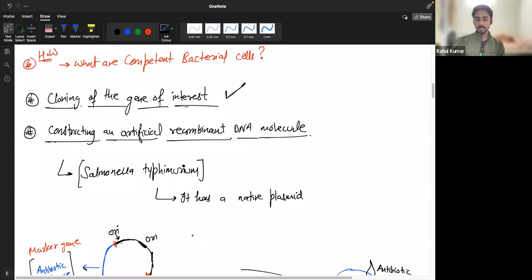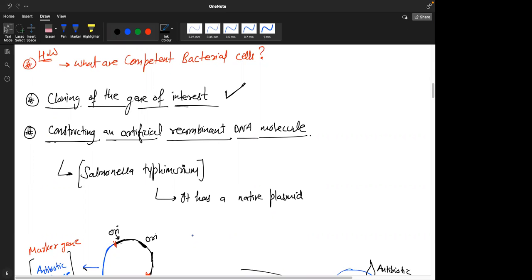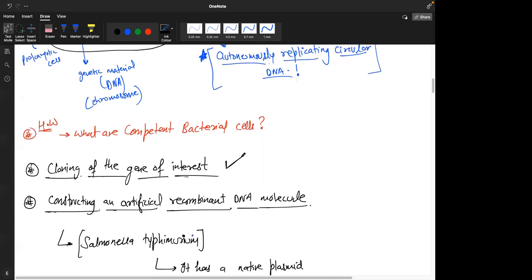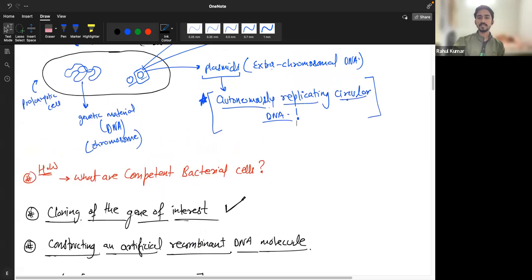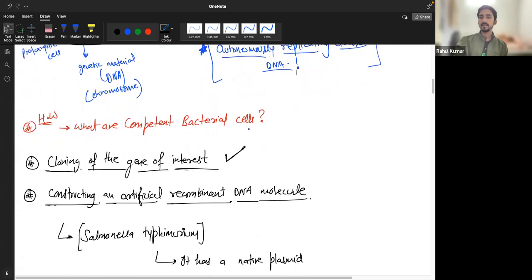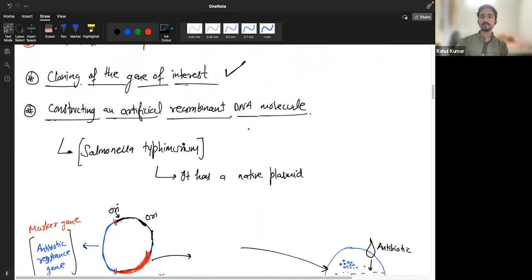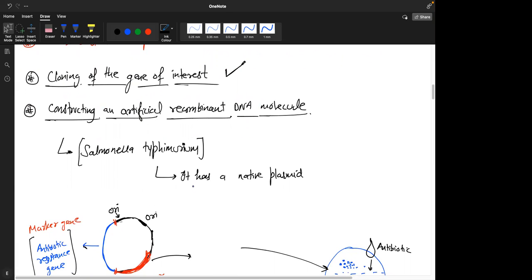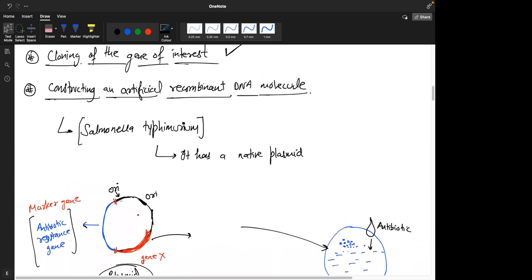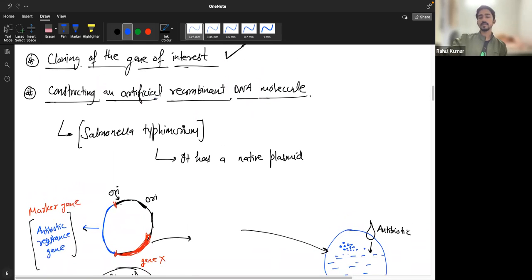It's not like only chromosomes have an origin of replication. Plasmids do replicate, right? Yes, sir. So you just said that plasmids can autonomously replicate, which clearly means that plasmids do have their origin of replication, correct? Yes, sir.